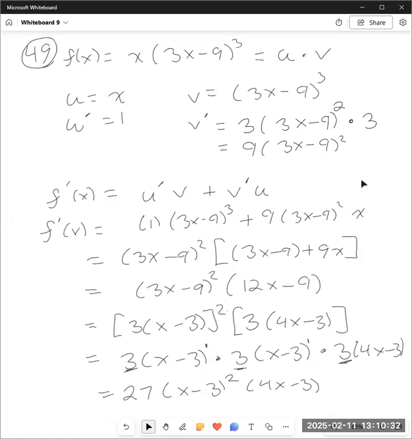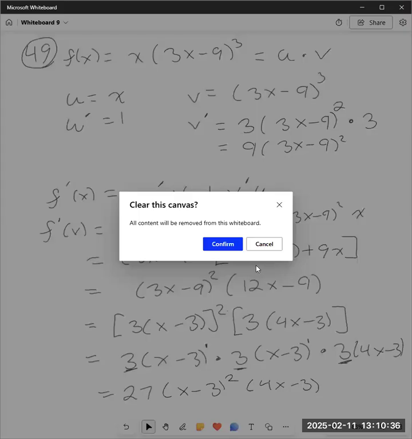Let's go ahead and look at number 51. Number 51 has y is equal to x times the square root of 2x plus 3. So u is equal to x.